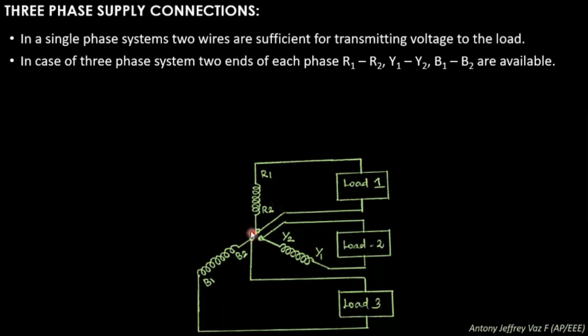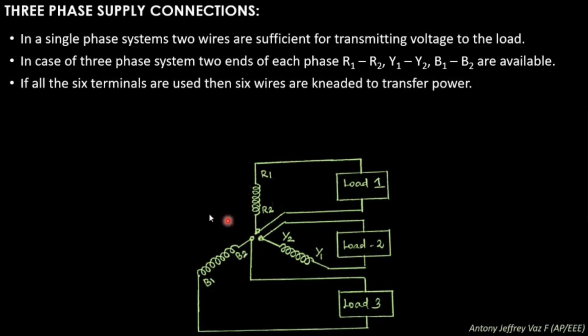A three-phase system is used to power higher rating appliances such as a big motor or an air conditioning system, which is used in your homes or factories, etc. If all the six terminals are used, then six wires are needed to transfer power.